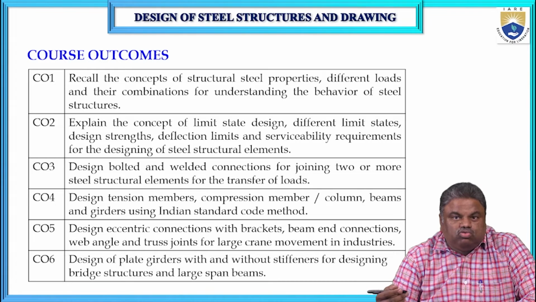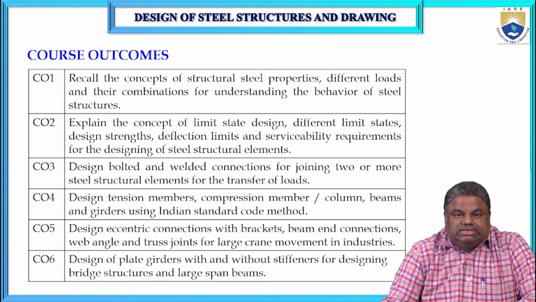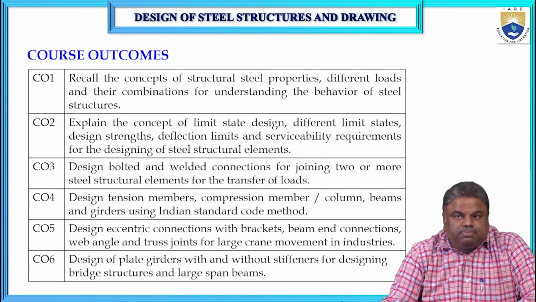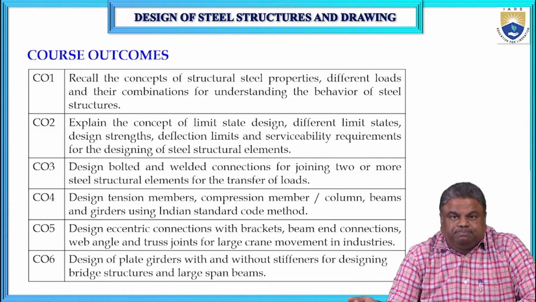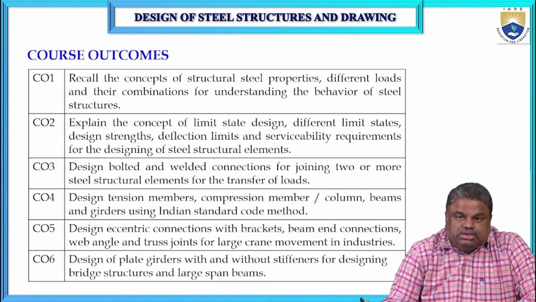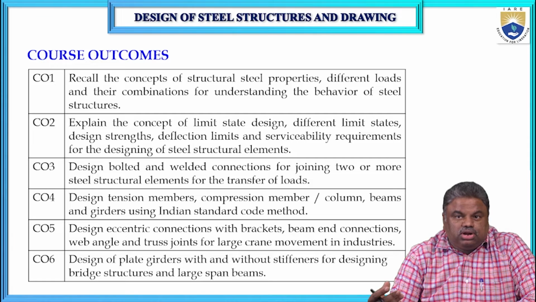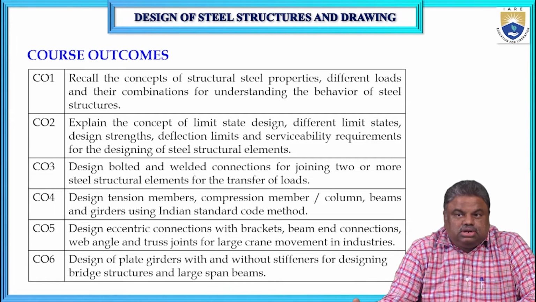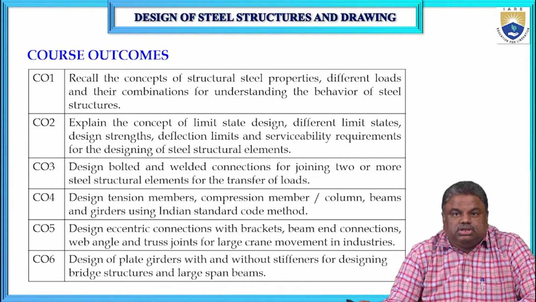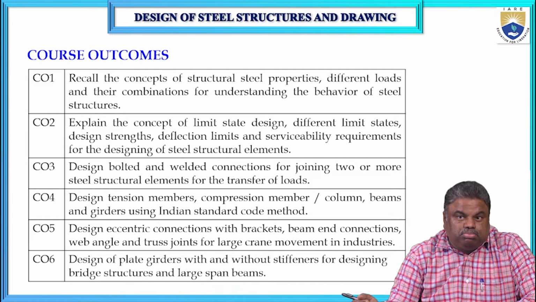So let's come to the CO5. Design eccentric connections with brackets, beam end connections, web angles, truss joints for large crane movements in industries. Especially these eccentric connections with brackets.